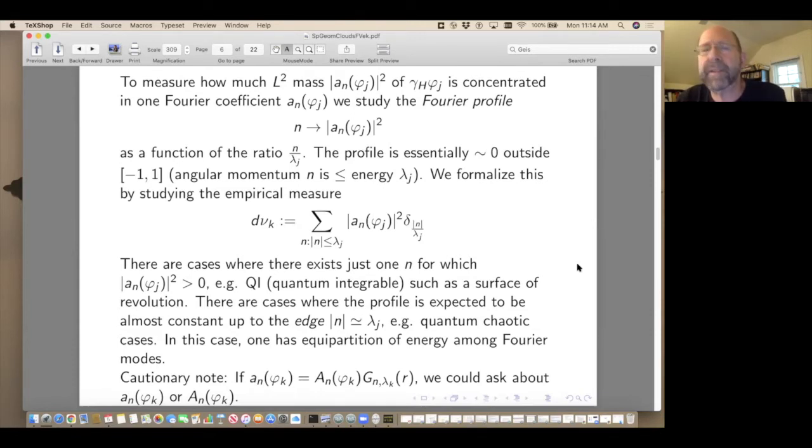kinds of empirical measure problems to be studied was the case where you take a hyperbolic surface and your curves are circles centered at a point. In fact, you lift the eigenfunction from a compact hyperbolic surface to the universal cover, the hyperbolic disk, and you look at it in concentric circles.